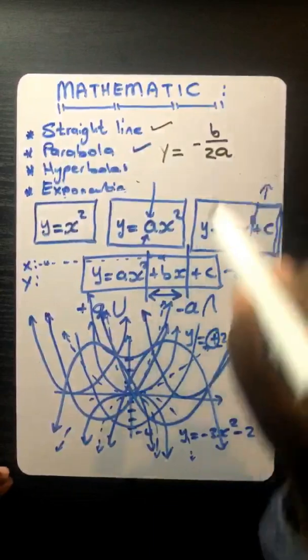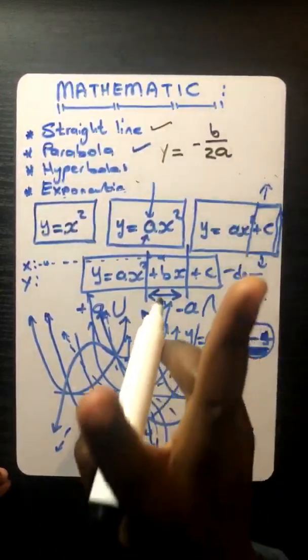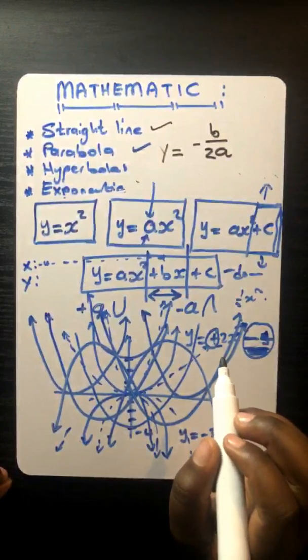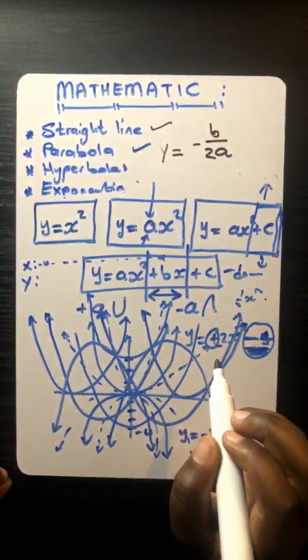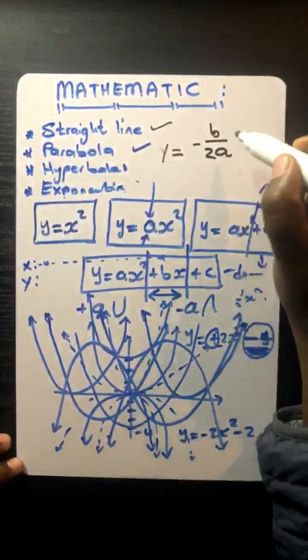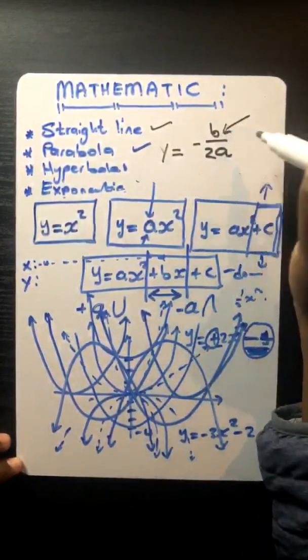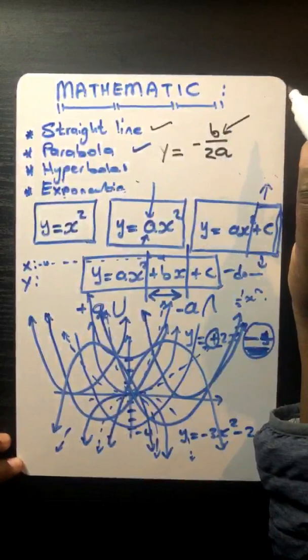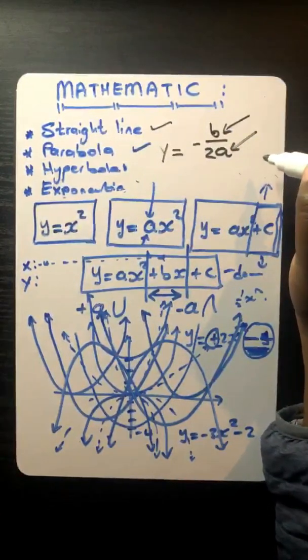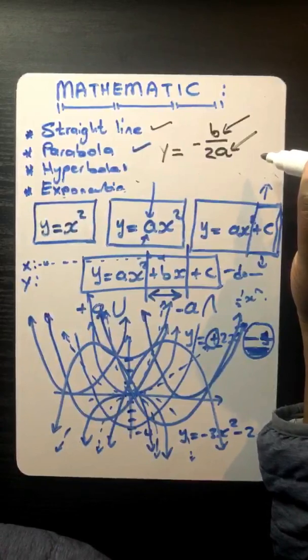So that means it's actually two things which have an impact on the turning point of a parabola. Obviously we see the b value has an influence on the turning point, and also the a value has an influence on the turning point.